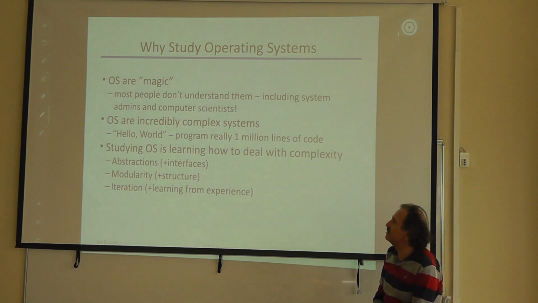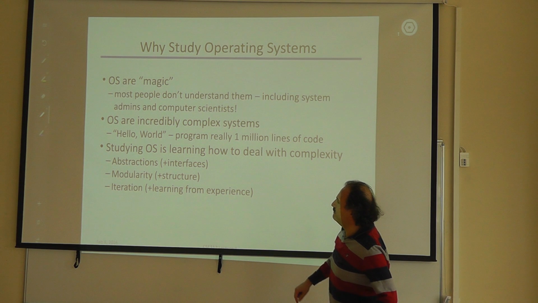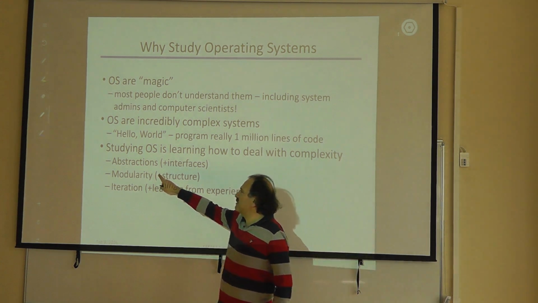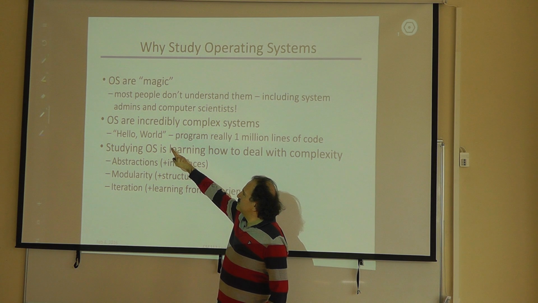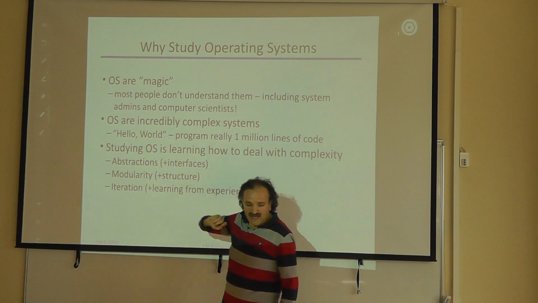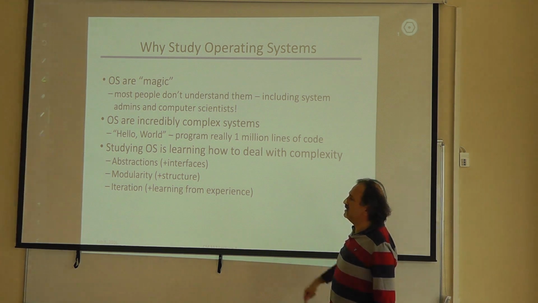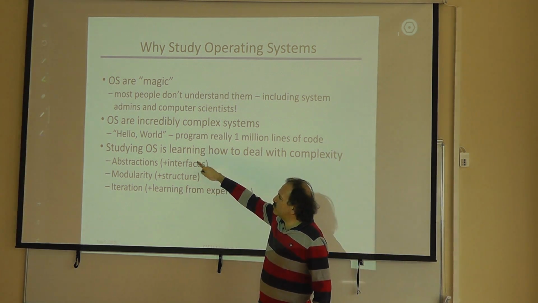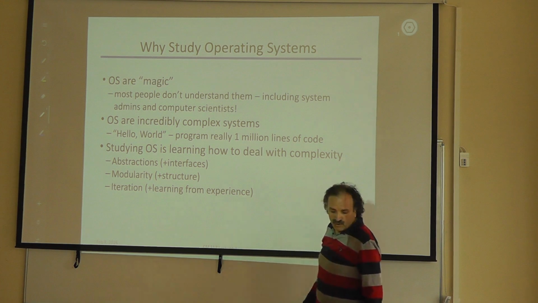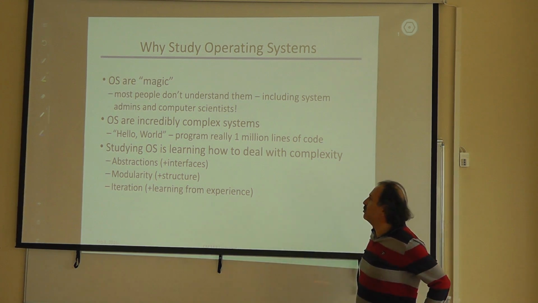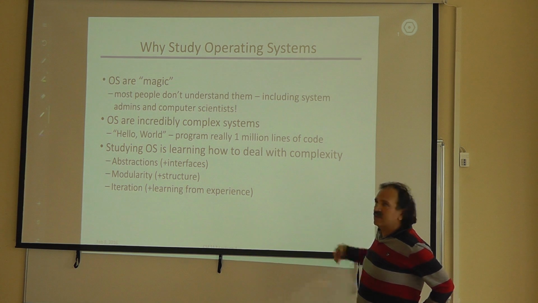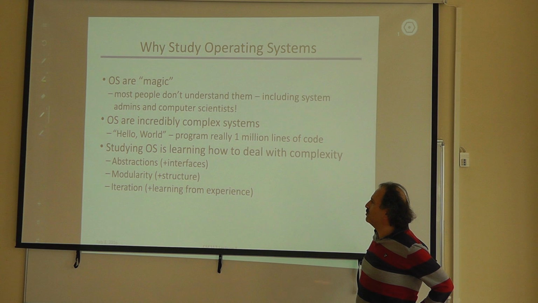Studying operating systems is learning how to deal with the complexity. Okay, an operating system does a few things. First of all, it provides some abstraction. Writing a Hello World program is very easy, because it's just 5 lines of code, because the operating system provides some abstraction for you, so that you don't deal with the complexities. Okay, this way, by studying operating systems, we would know how to use abstraction.